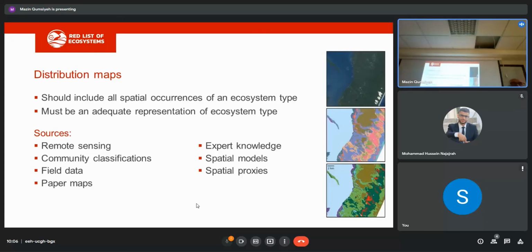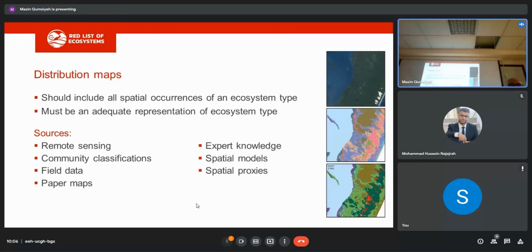For some ecosystems, you can use it easily. For other ones, you have to make the map on the field. Sometimes local community have a good knowledge of the ecosystem they are using. So field data is always very important to control if you have a first step with remote sensing.